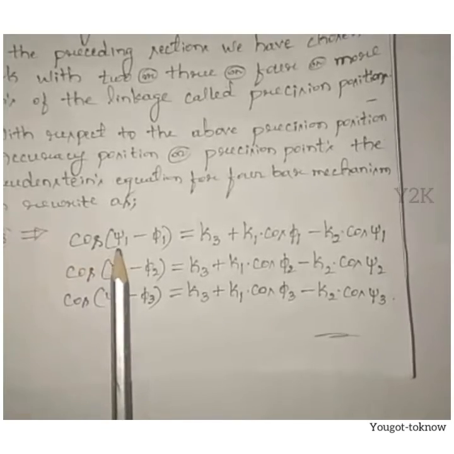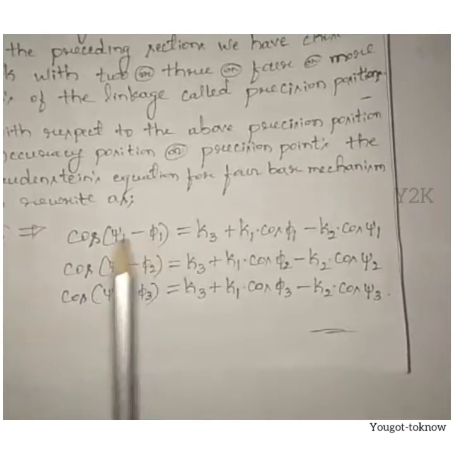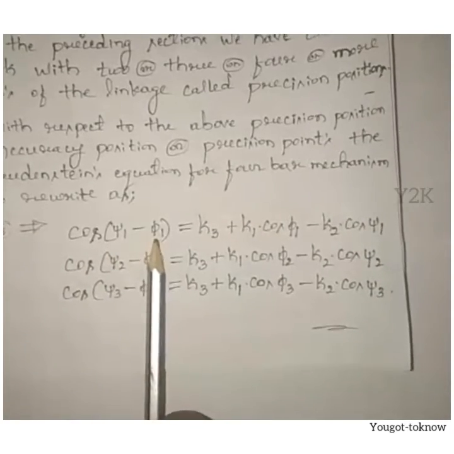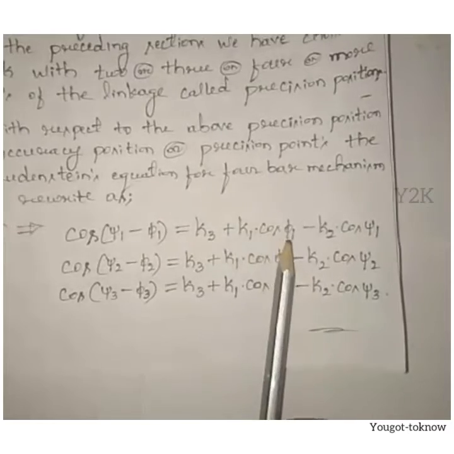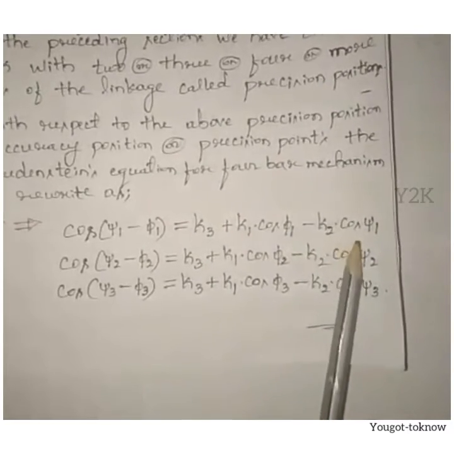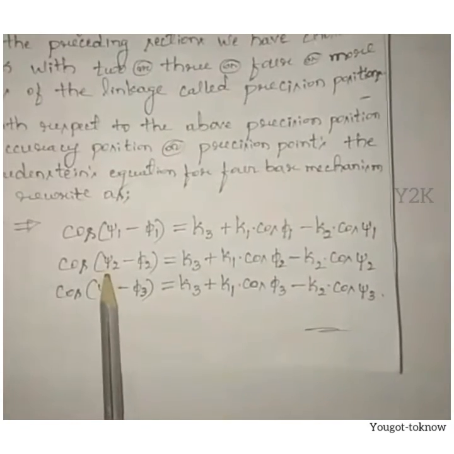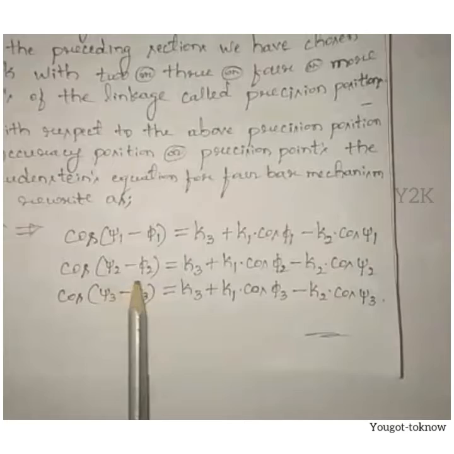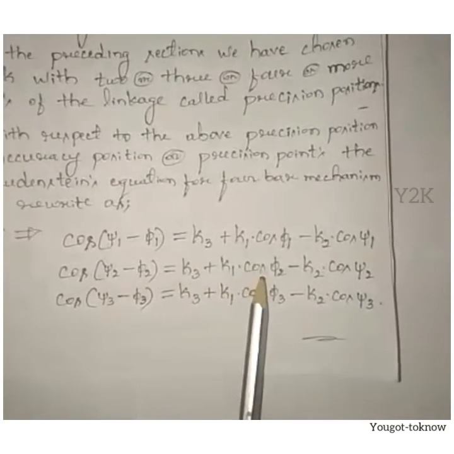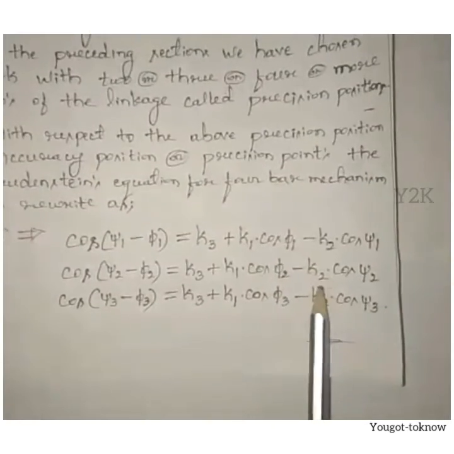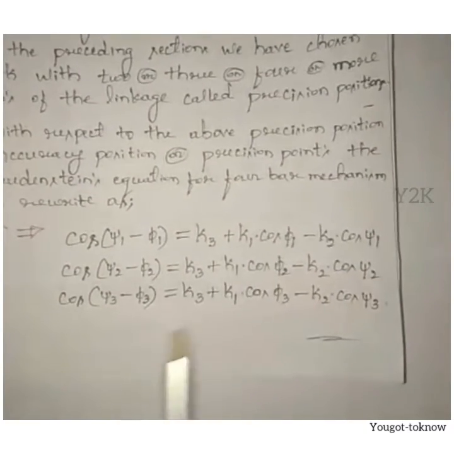With respect to Xi1 and Phi1, cos of Xi1 minus Phi1 equals K3 plus K1 into cos Phi1 minus K2 into cos Xi1. With respect to Xi2 and Phi2, cos of Xi2 minus Phi2 equals K3 plus K1 into cos Phi2 minus K2 into cos Xi2.